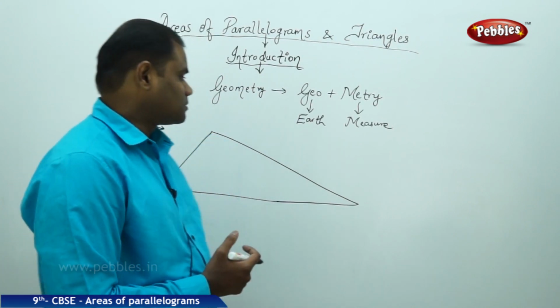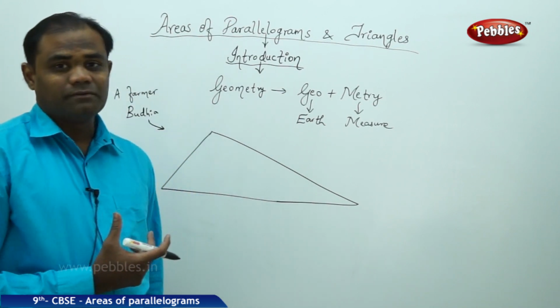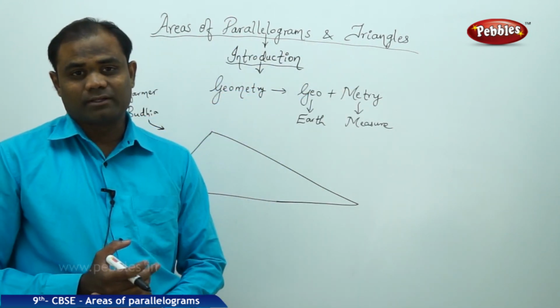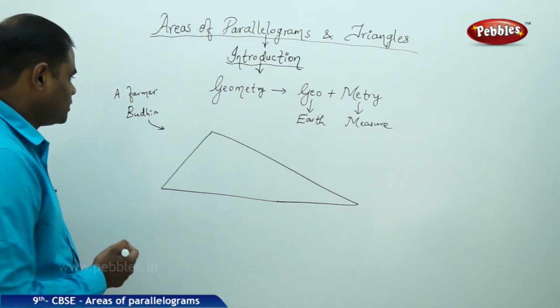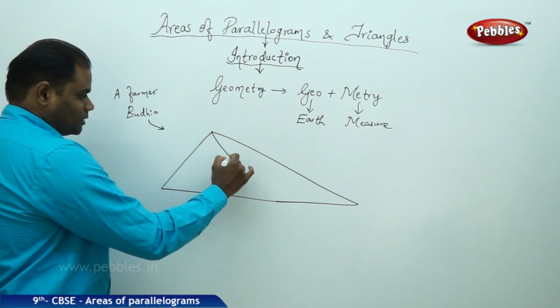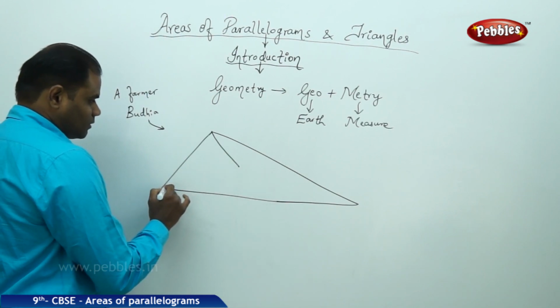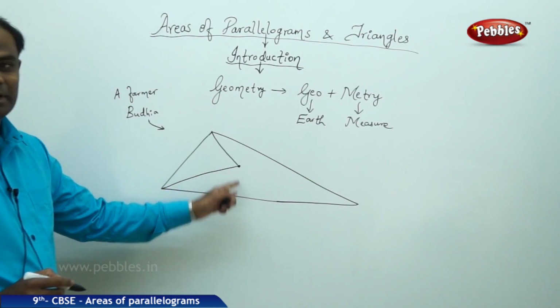Such problems give us an indication that we need to give more importance to areas of triangles and of course areas of parallelograms. So here Budhia has tried to cut his land, from each corner to some estimated point in the middle.